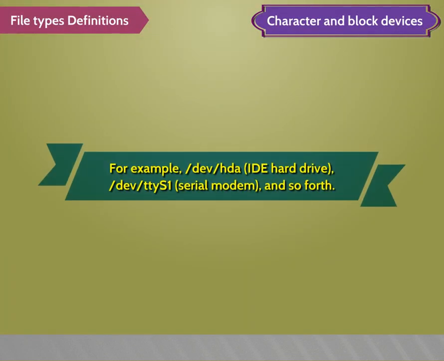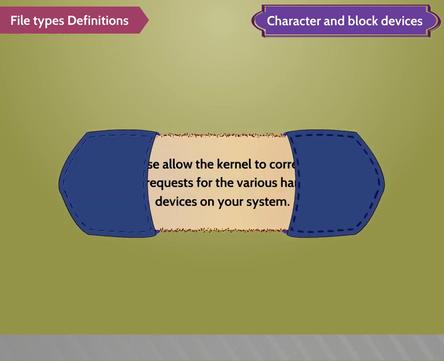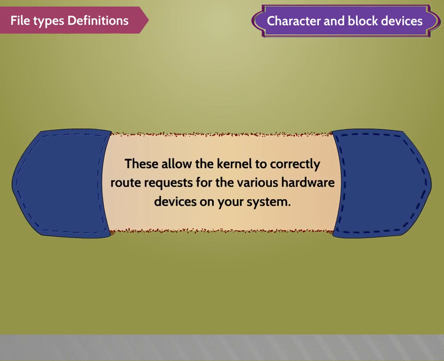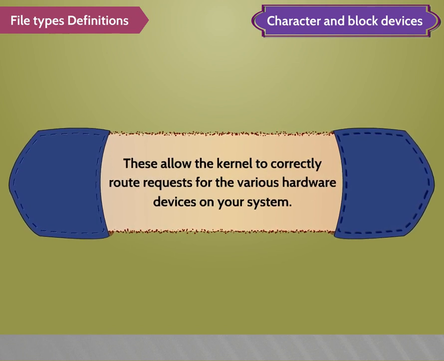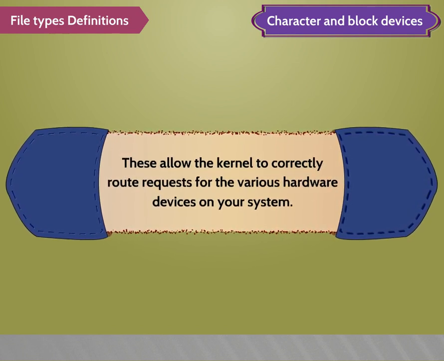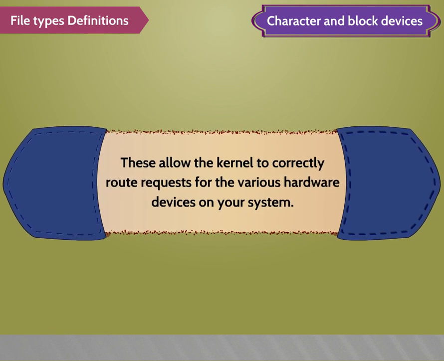For example, /dev/hda, that is an IDE hard drive, /dev/ttyS1, that is a serial modem, and so forth. These allow the kernel to correctly route a request for various hardware devices on your system.